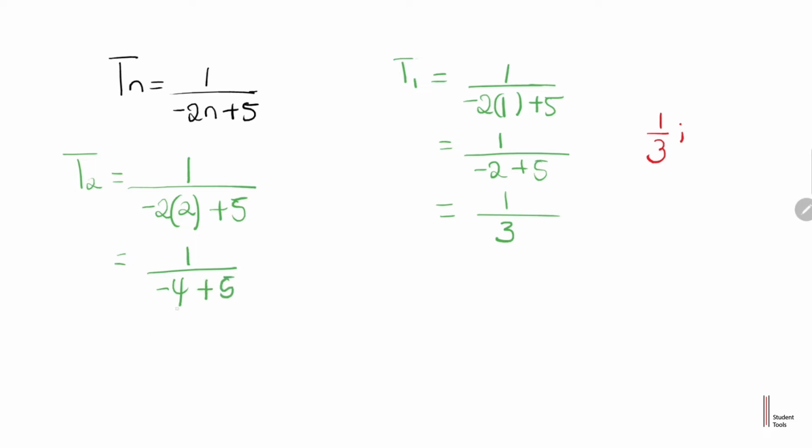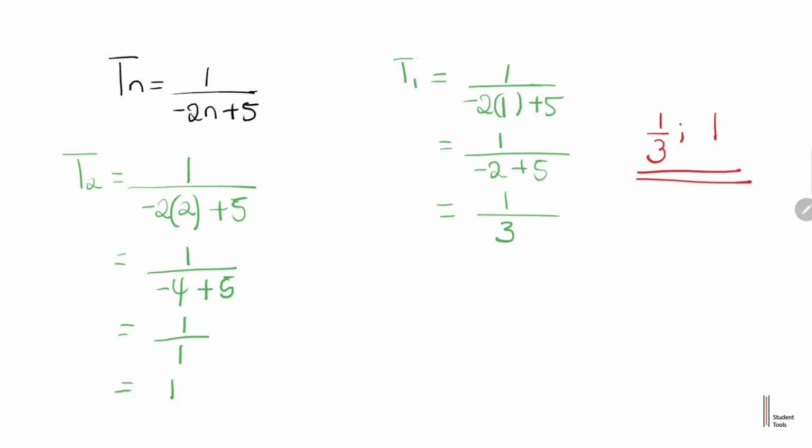So this will be equal to 1 over negative 4 plus 5, that's a positive 1. So this is equal to 1. That means the second term of this general term is 1. And the first two terms are 1 over 3 and 1. And it is just how we do 2.1.1.